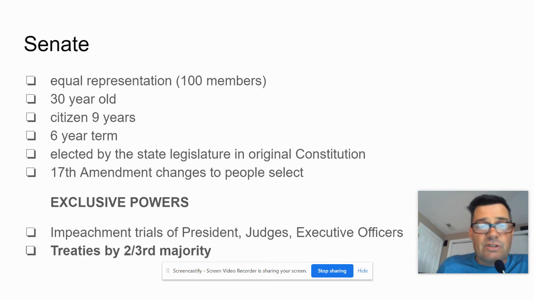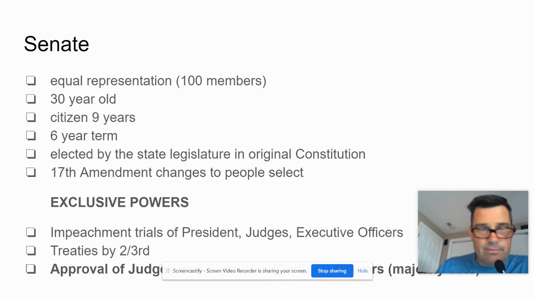They also have the exclusive right to approve treaties, and they do that by a 2/3 majority. And this is going to cut off, I apologize.